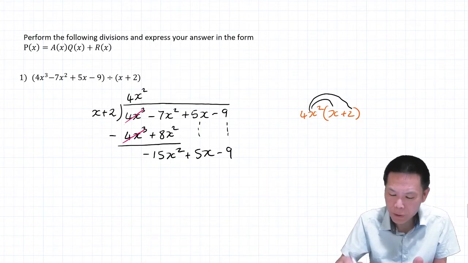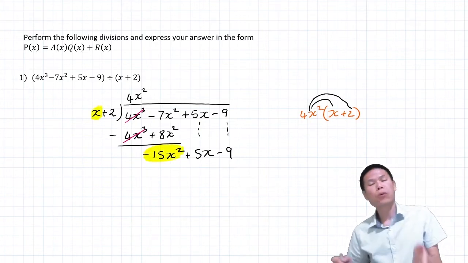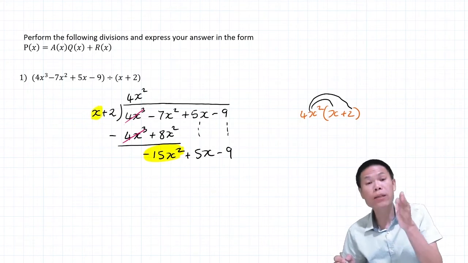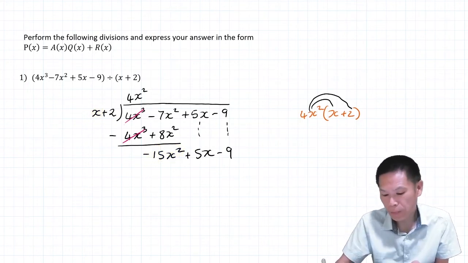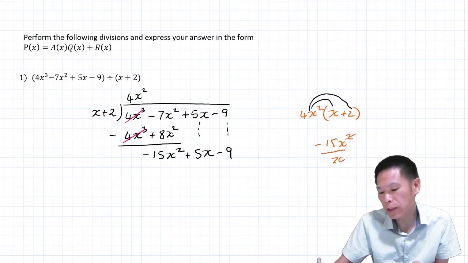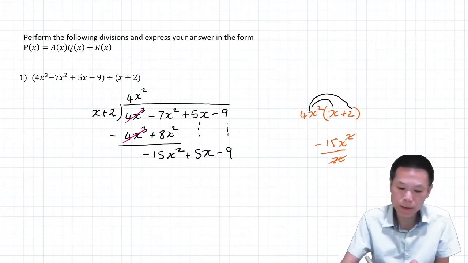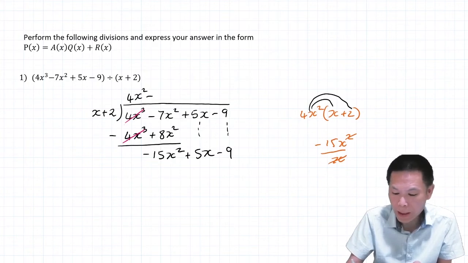Then we focus on negative 15x squared and x. So we use negative 15x squared divided by x. That gives me negative 15x. So I just write here, negative 15x.